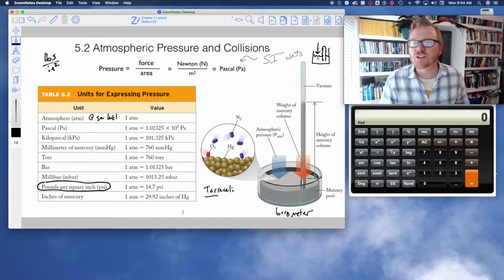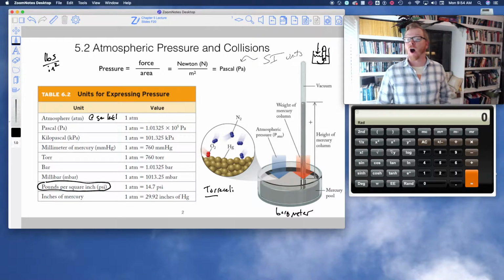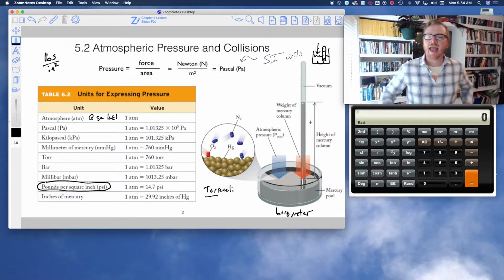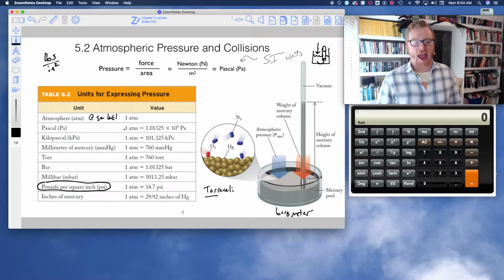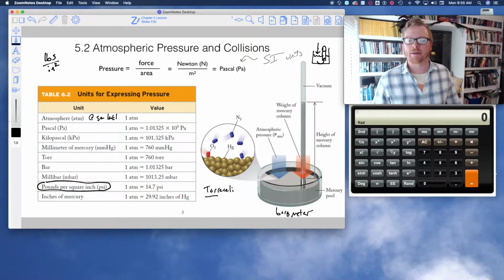And so the atmosphere pushing on this liquid forces the liquid to rise up that column. As it turns out, at sea level, at exactly 1 atmosphere, the height of this column will always be the same.